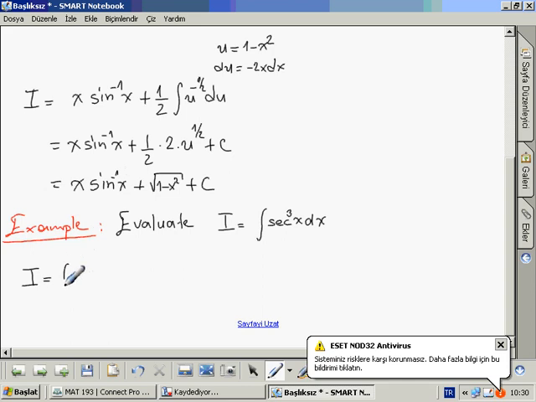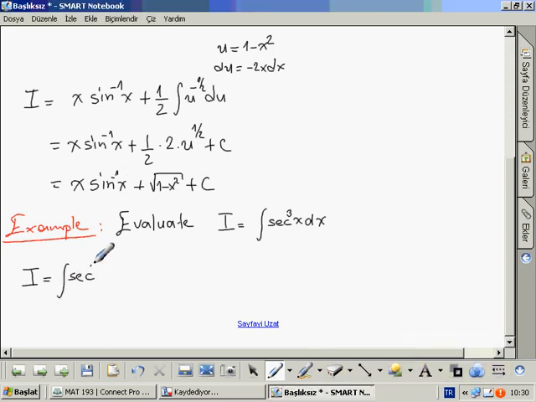I equals integral of secant cube x dx, it equals integral of secant x times secant squared x dx.